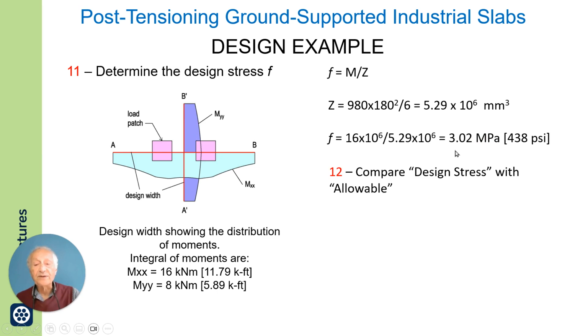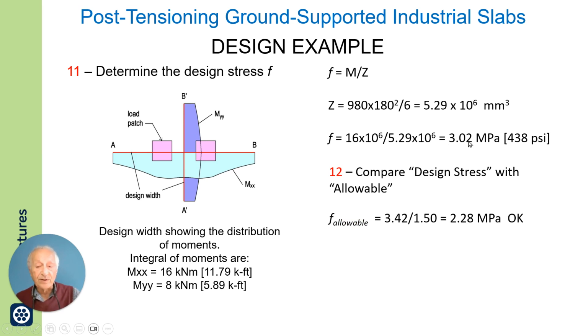I compare the calculated stress with the allowable stress, which I had before. The allowable was cracking divided by factor of safety. So this is the cracking divided by factor of safety. This is allowable, 2.28. Calculated 3.02.